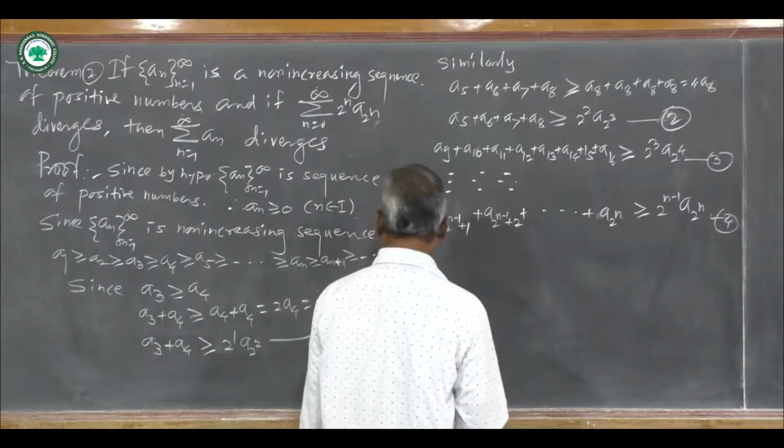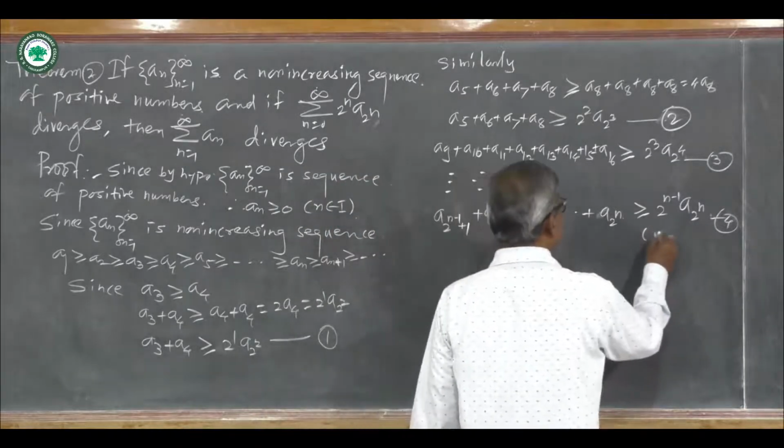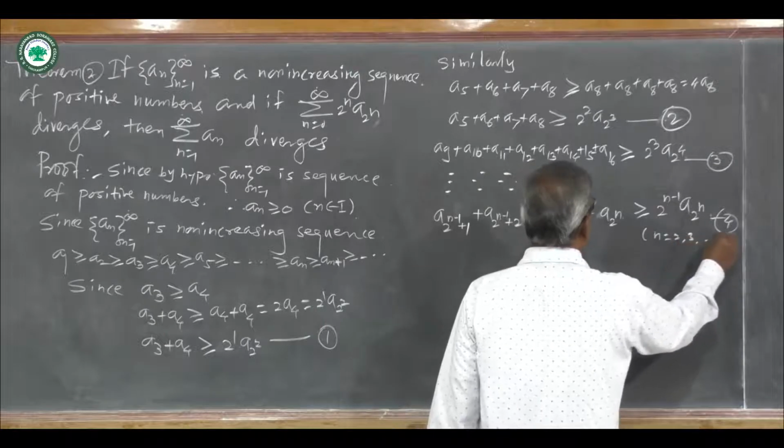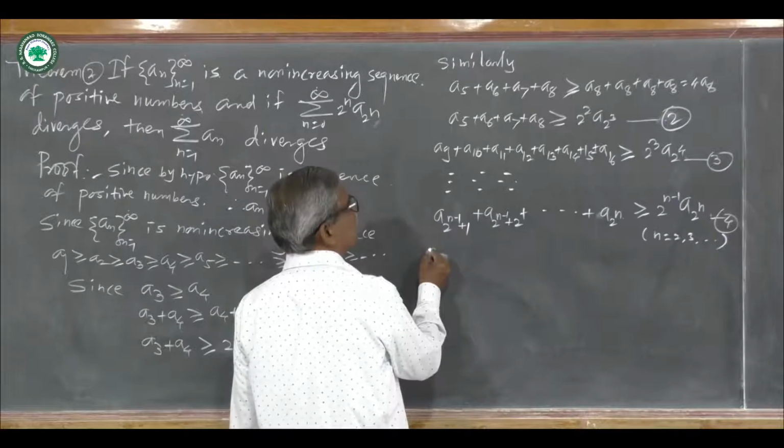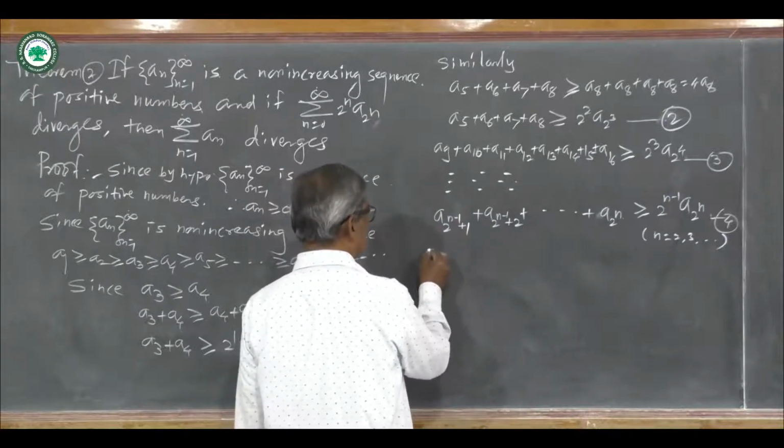Adding all above, for all n is equal to 2, 3 and so on, adding above 1, 2, 3 and so on 4 equations.